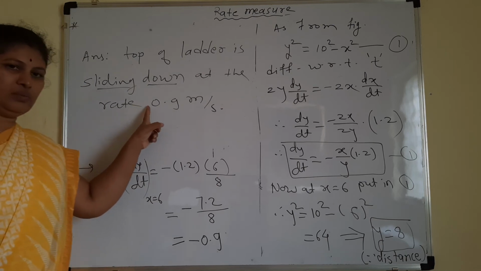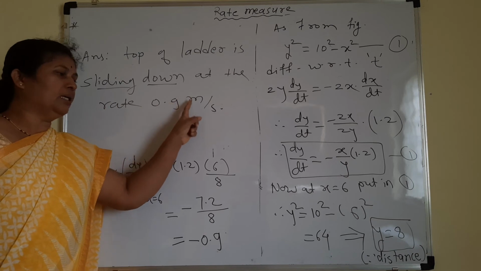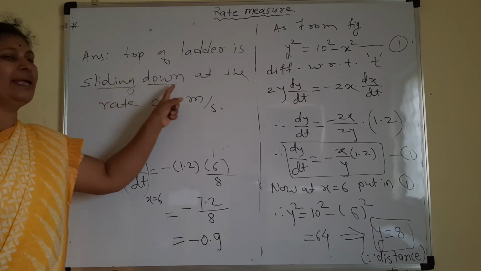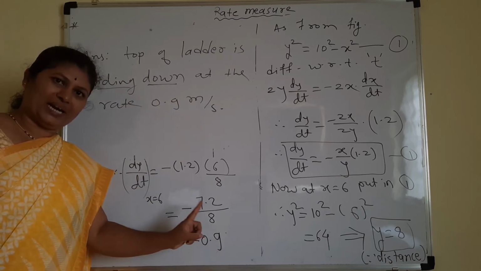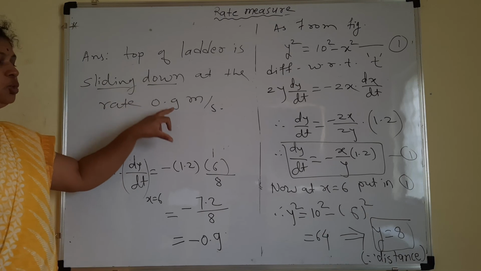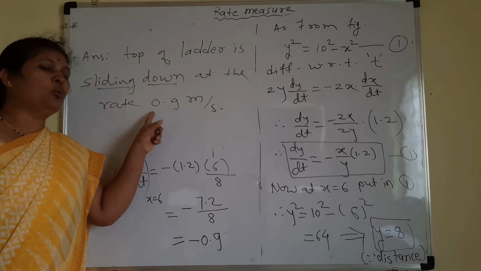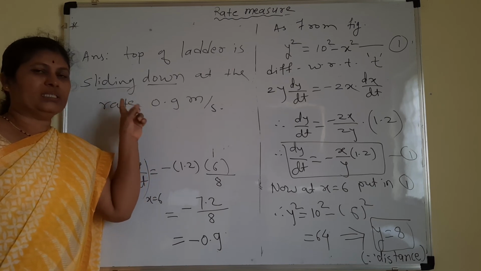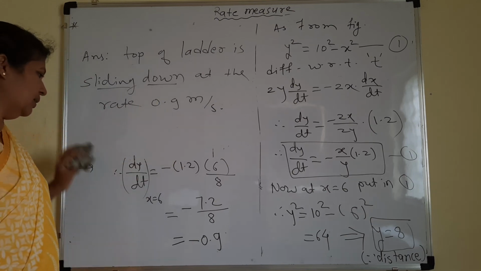I am not writing this minus sign here. I am writing the rate. The rate is 0.9 meter per second, and it is negative because it is sliding down. So remember, here the answer is minus 0.9. So finally you should write the top is sliding down at the rate 0.9 meter per second, not at the rate minus 0.9. It is sliding down at the rate 0.9 meters per second.